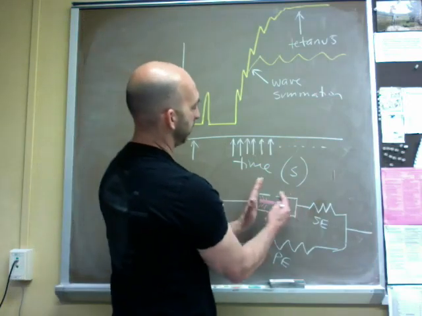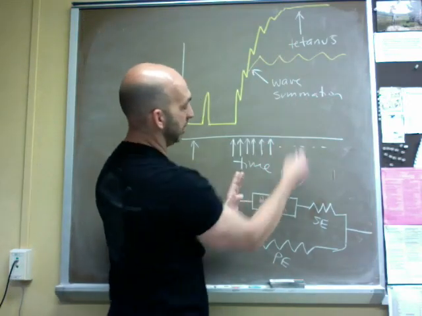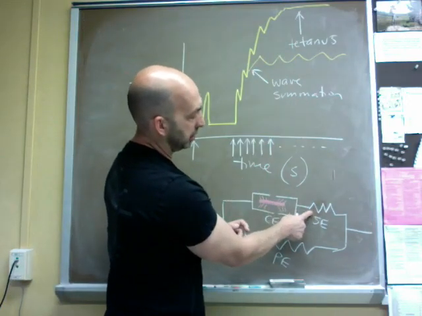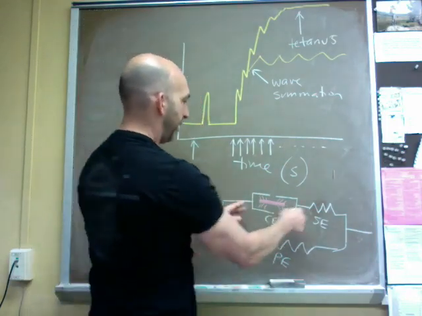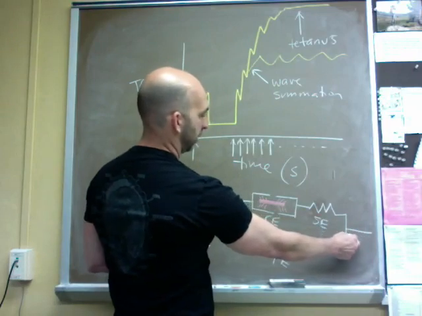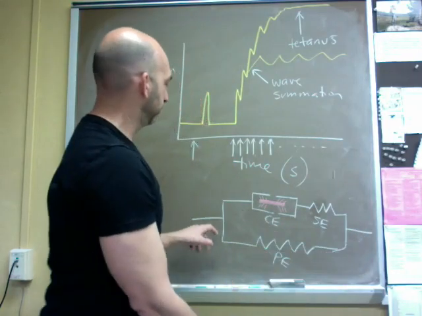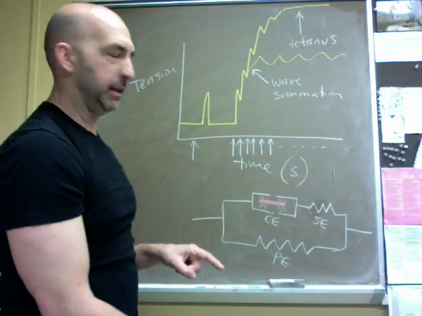So if we shorten this for a prolonged period, wave summation or tetanus, we put a lot of stretch into the series elastic, making it more cable-like, right? Which means our force would be more effectively propagated to our tendons or bones, whatever you want to think of at the end here.